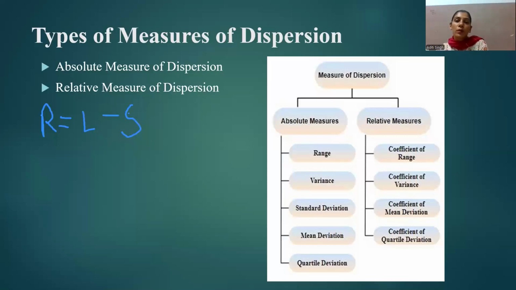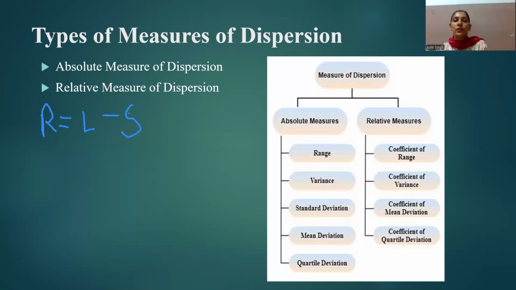Now, if we talk about the quartile deviation, quartile deviations are the values that create quartiles from the complete list. Quartile deviation is also part of absolute measure, which divides the distribution into multiple quarters.